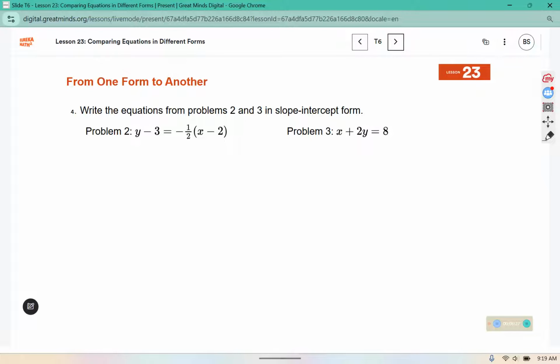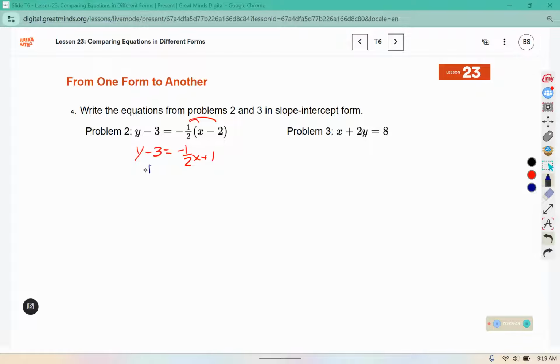Number 4 says write the equations from problems 2 and 3 in slope-intercept form. So this is where we're going to change them. We'll start this one by distributing. Negative 1/2 times negative 2 is positive 1.